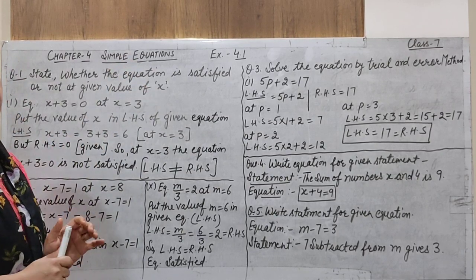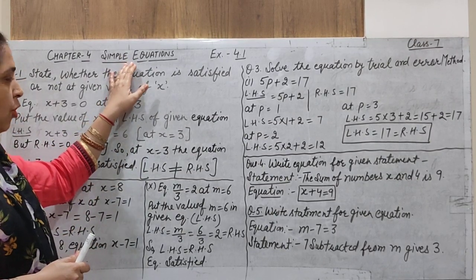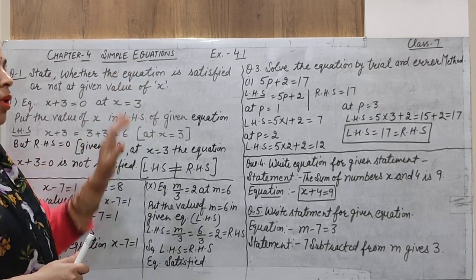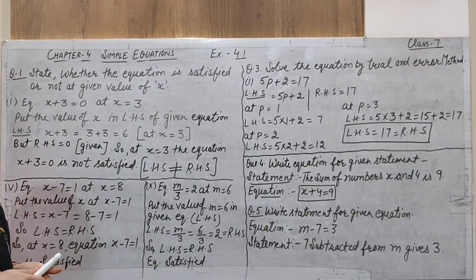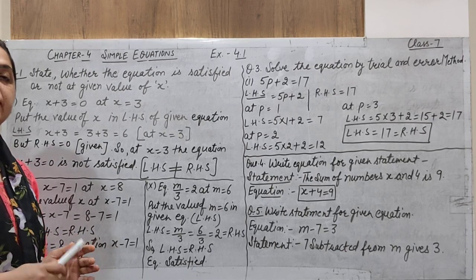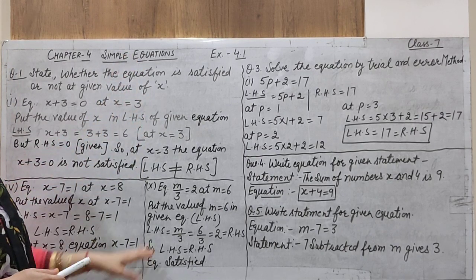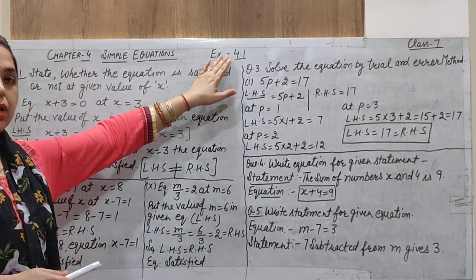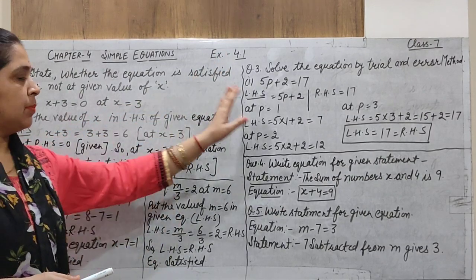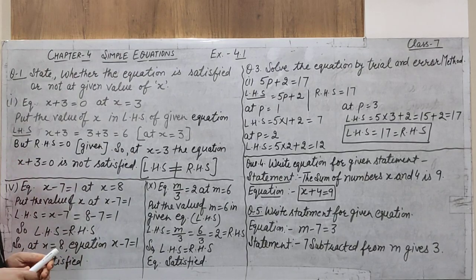Similarly, in simple equation, we have to form an equation with the help of expression. I'll give you a brief idea, the definition of the simple equation. Now let us start exercise 4.1, which is related to some questions of simple equations.